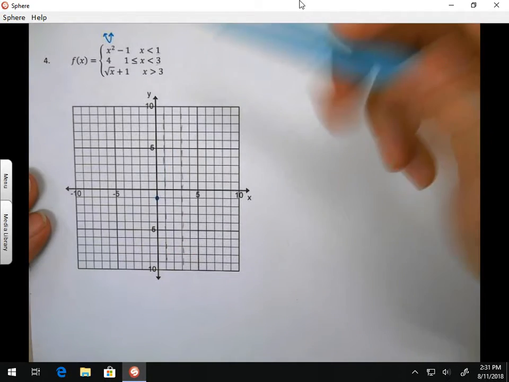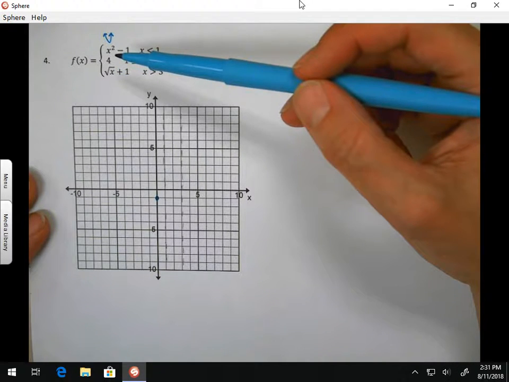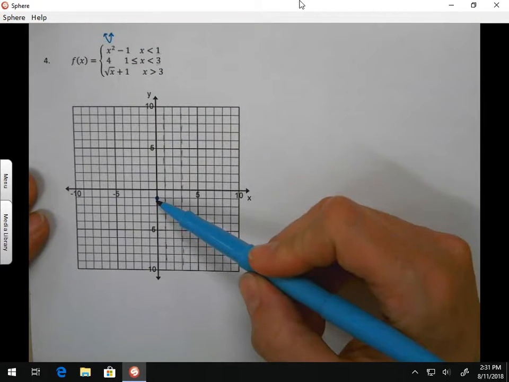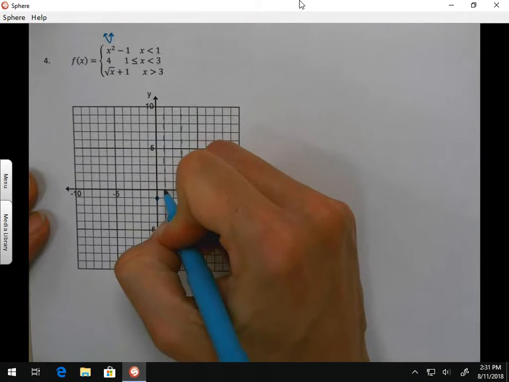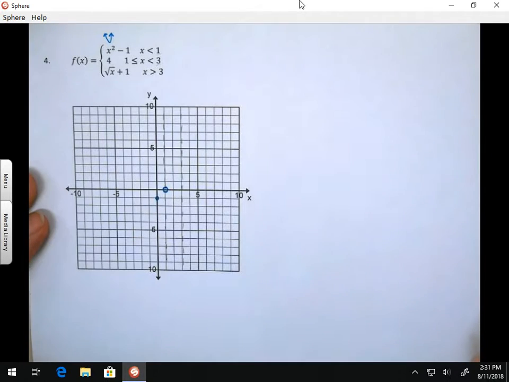And we could use the idea of using the table, but do that in our head. If I plug x as 0, 0 squared is 0, minus 1 is going to give me a negative 1. And then I know I'm going to have a point here. Now, since it's x less than 1, I need to make that an open circle.